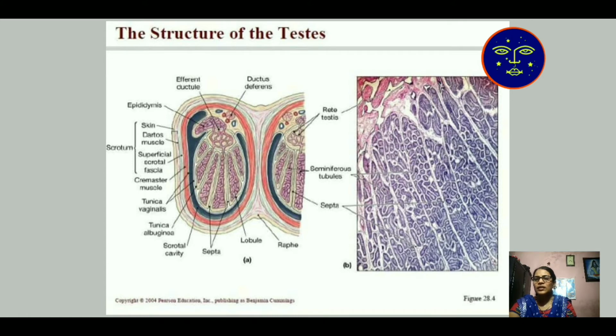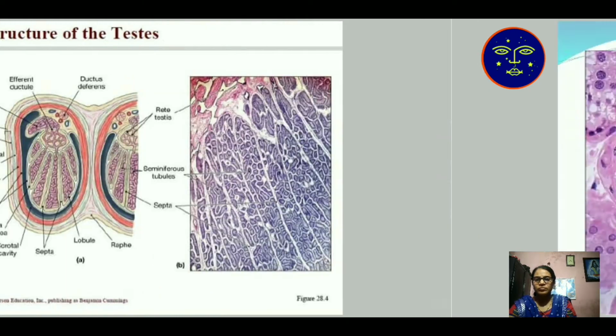The inner wall is known as tunica vaginalis. Then this is the scrotal cavity. The covering of the testis is known as the scrotum, and the scrotum contains outer and inner walls. Then all the seminiferous tubules join with the epididymis tube. Then from the epididymis it connects with the urethra.